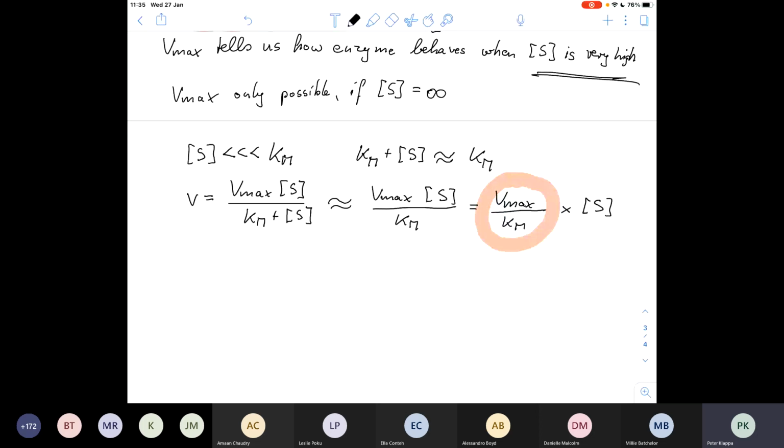I don't think it has a special name. Km can be higher, can be lower, can be the same as S. We can modify S like we want. We offer different substrate concentrations.